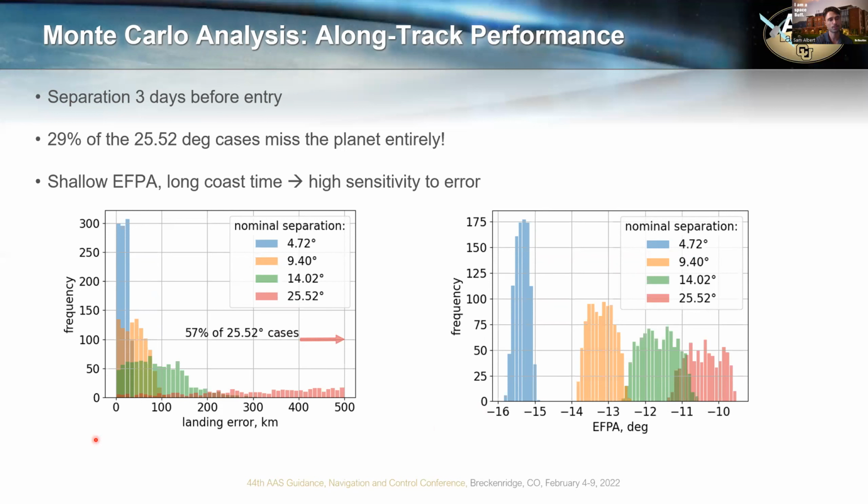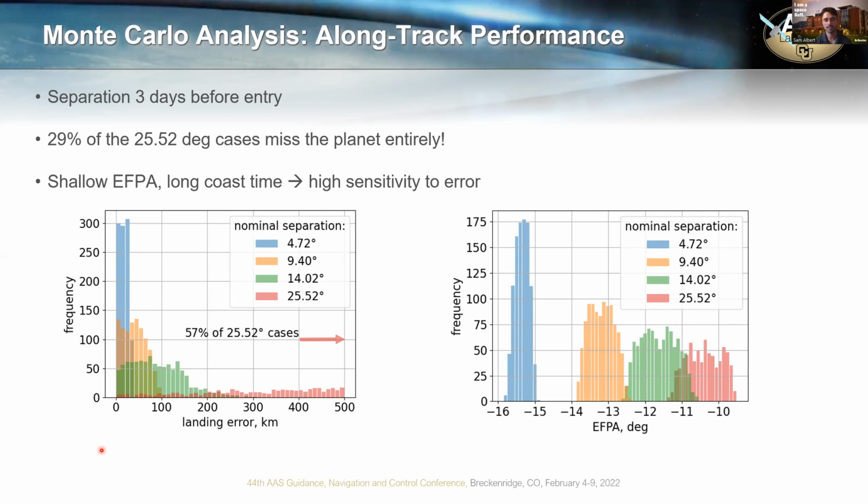I mean, 200 kilometers of error is certainly not great, but at least that's bounded, and it's increasing incrementally. And then you get these huge dispersions for this 4th case that's targeting about 25 degrees of separation. Almost a third of the cases miss the planet entirely for this scenario, and close to 60% of them have larger than 500 kilometers in error. So this is just terrible performance for this probe's targeting.